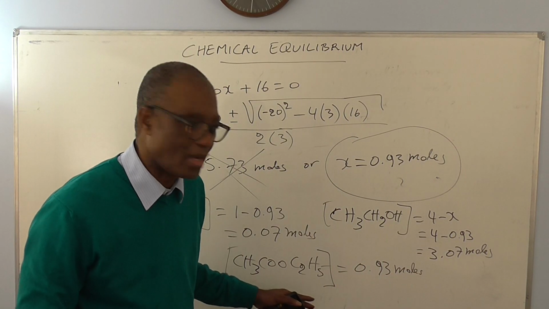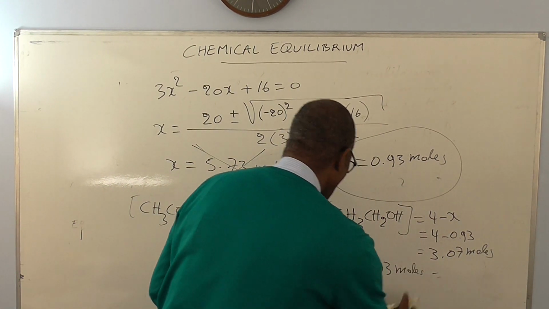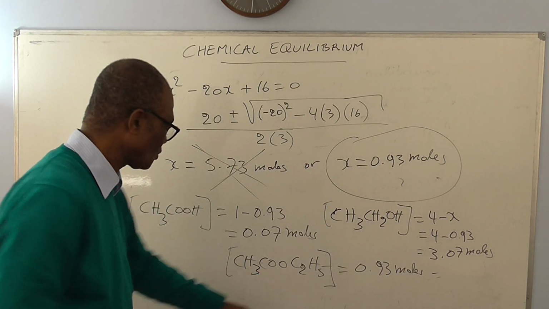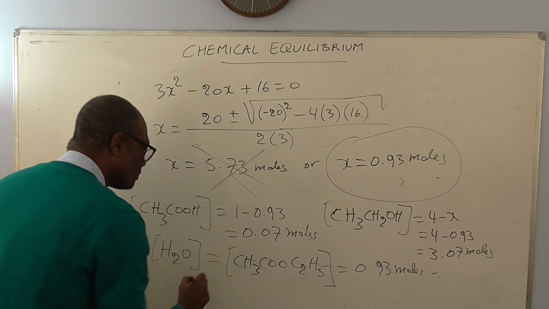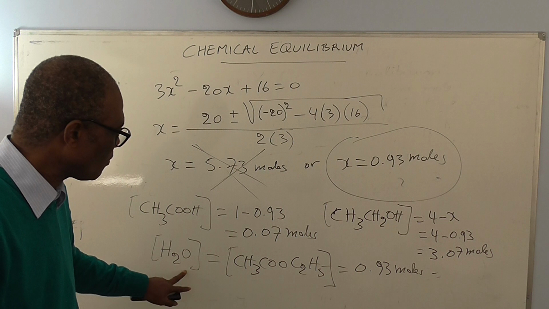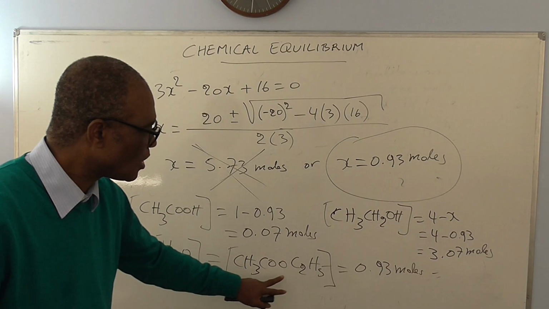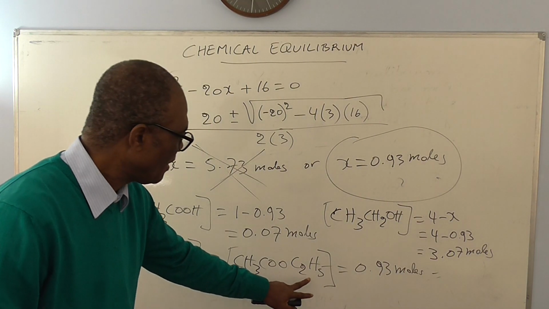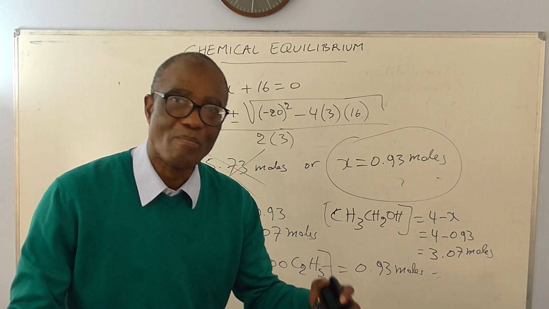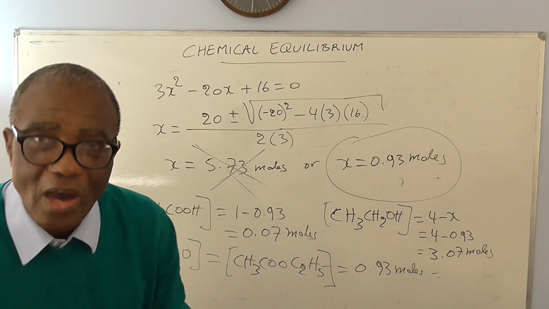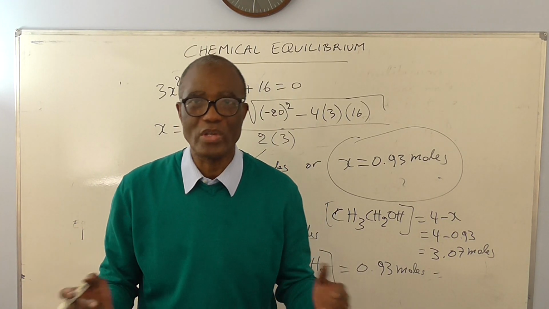The same for water. Water will also be the same quantity. So the number of moles of water is equal to the number of moles of the ester, and it is equal to 0.93 moles. We have now the composition of the mixture in the vessel at the equilibrium.